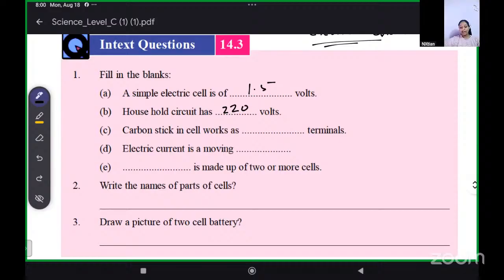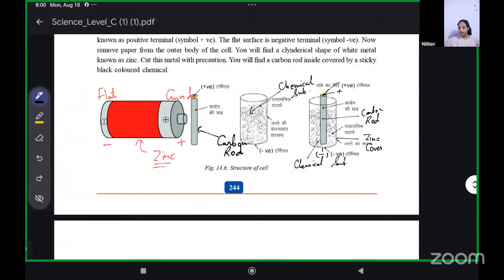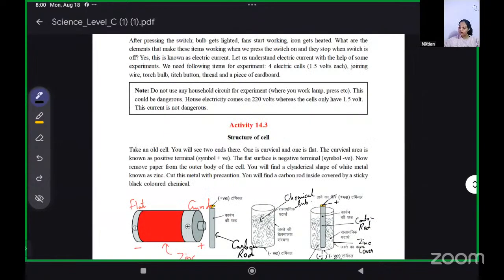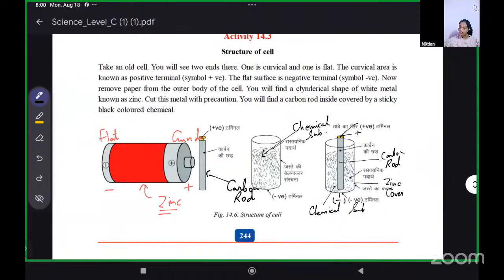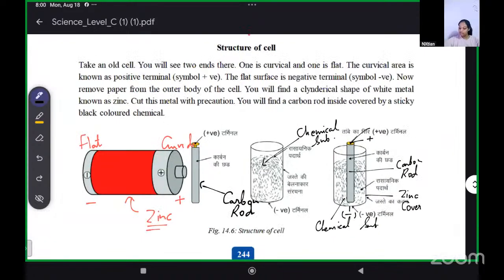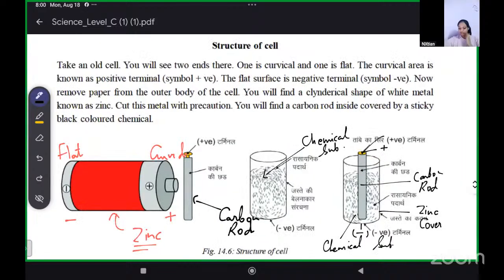Carbon stick cell works as dash terminal. Carbon stick is the positive terminal.